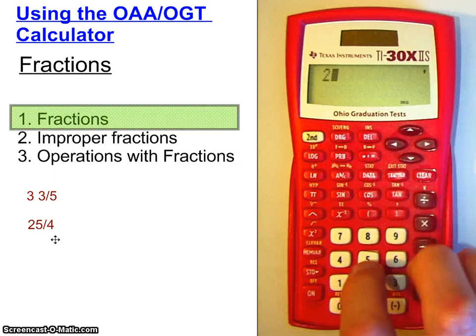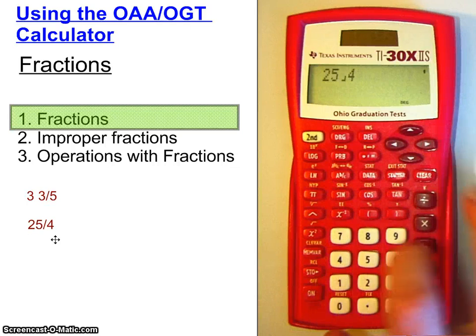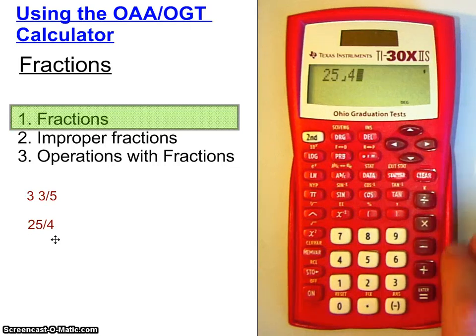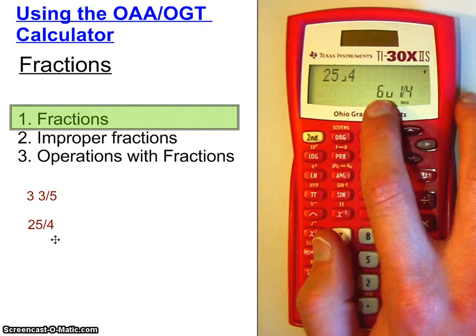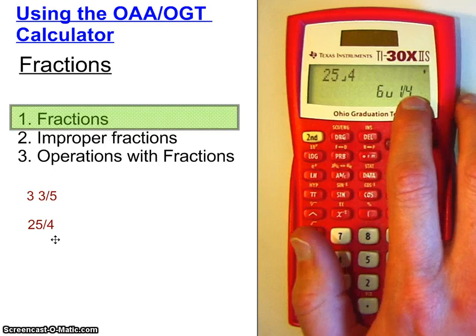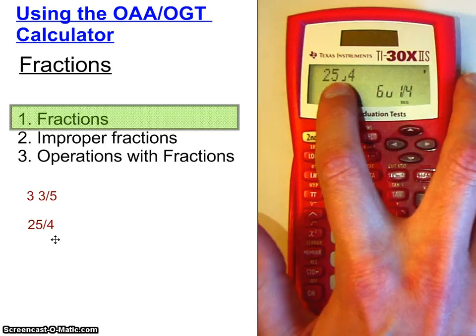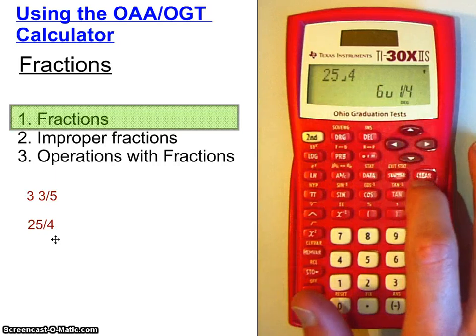So we're going to go ahead and type that in, 25/4, as you see there, and then I'm going to push enter. And what you'll see is it actually writes it as a mixed number for you. So you have 6 and 1/4 as the mixed number form of 25/4. So that's one cool feature that you have using this calculator.